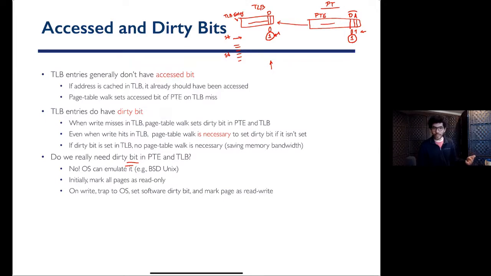Another way for the operating system to get this information is to just give this page read-only access. Now, if the process wants to write to this page, there would be a page fault, because hardware looks at the permission and sees that this was a read. So you can't write. So I'm going to tell the operating system that a page fault has happened.